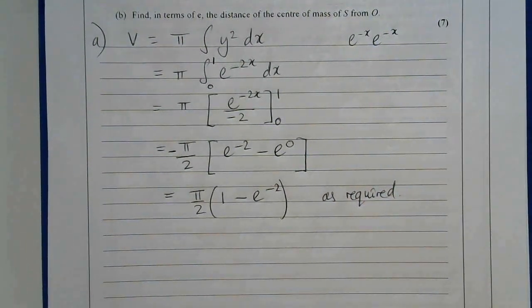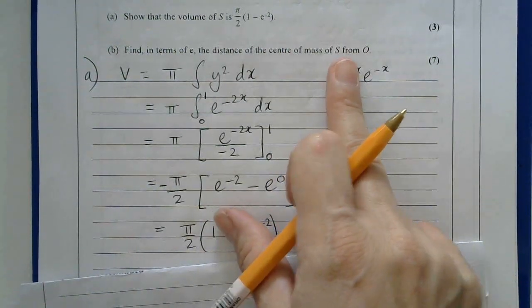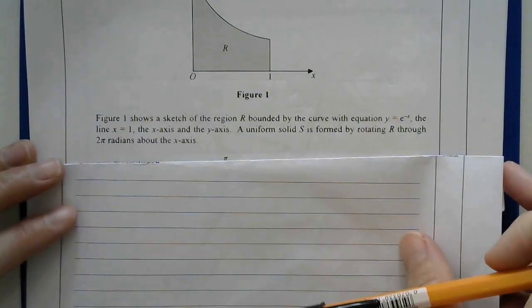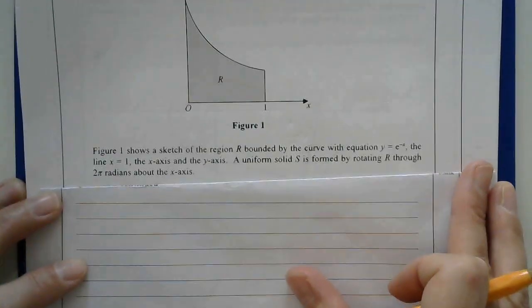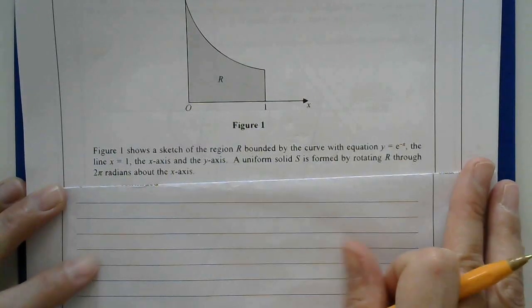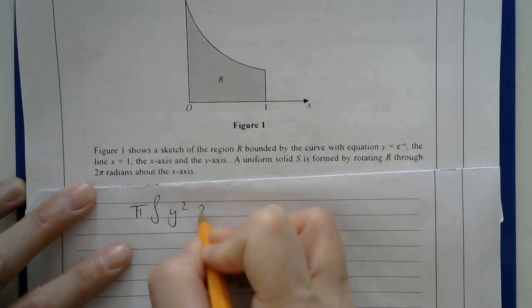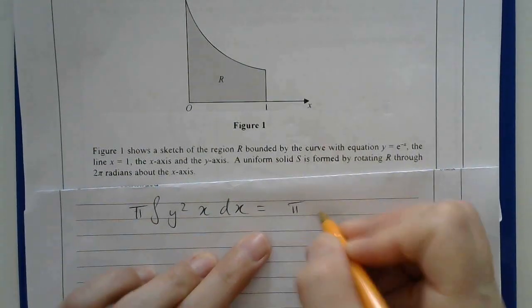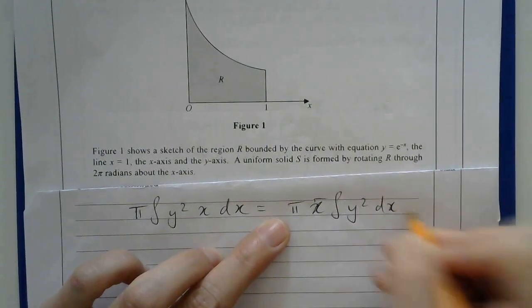Okay, so part B. It says, find in terms of e the distance of the centre of mass of S, which was the solid, from O, and this is worth 7 marks. In order to work out the position of the centre of mass of a volume of revolution, I can use the equation pi integral of y squared x dx equals pi x bar integral of y squared dx.